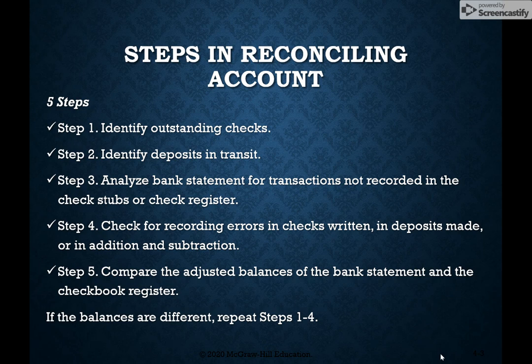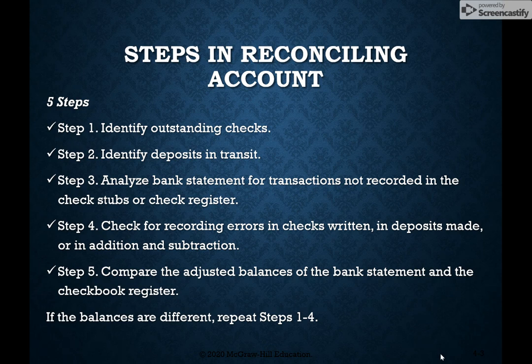In step 1, for example, we need to identify the outstanding checks. Again, think about it. These are the checks you probably paid suppliers, and for some reason, by the time the bank gives you a bank statement, the bank did not receive or did not take care of those checks, so those become outstanding.